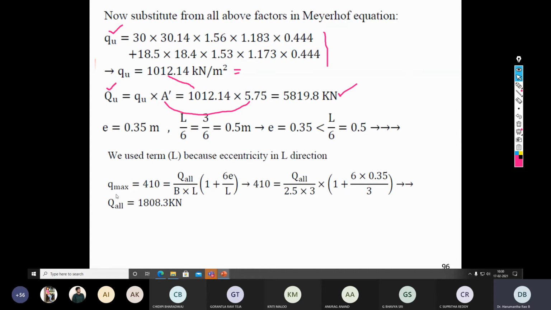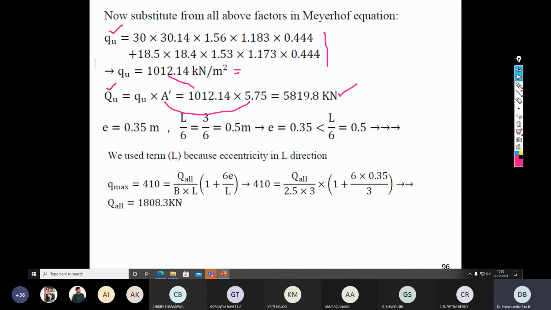If you want to calculate Q minimum, instead of 1 plus 6E by L, it will be 1 minus 6E by L. Here Q max is given as 410. So you need to calculate Q allowable, because Q max is given.